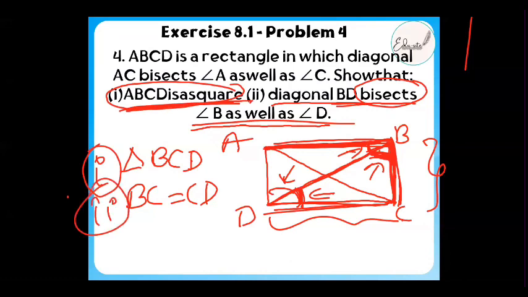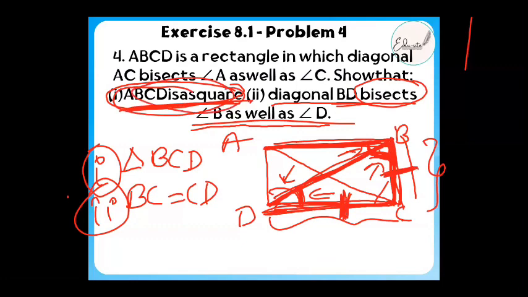It's already shown in the previous proof. BC is equal to CD, and angle CDB and angle DBC, these both are equal. Why are these both equal? Because the angles opposite to these equal sides, sides BC and CD, which are equal as we had proven already because it is a square.